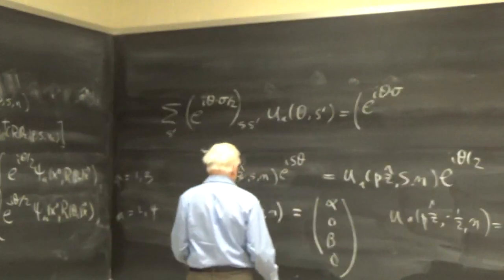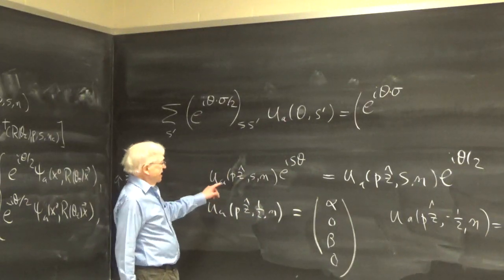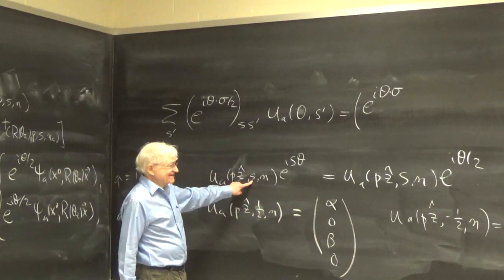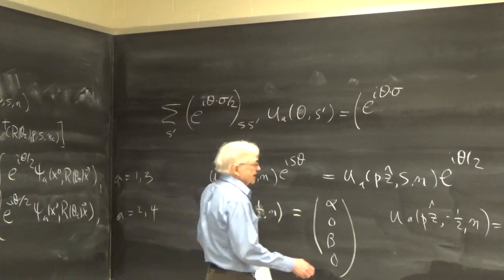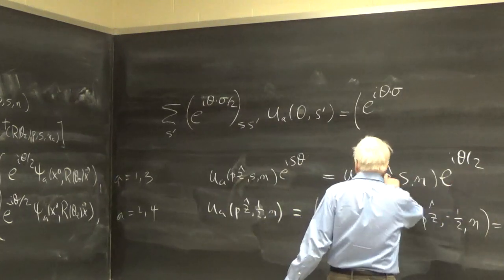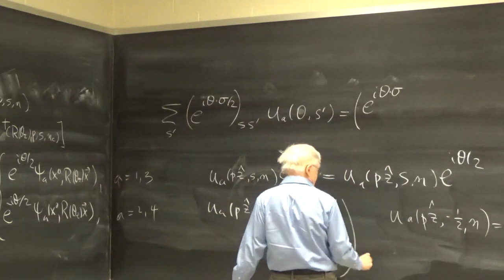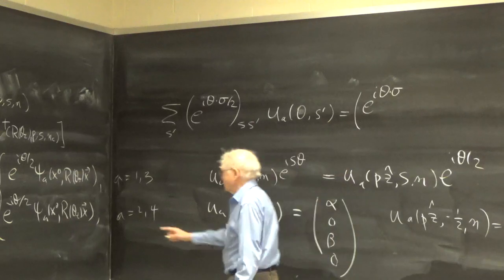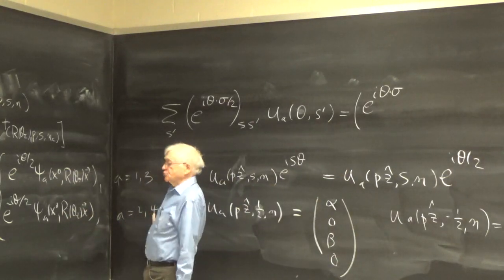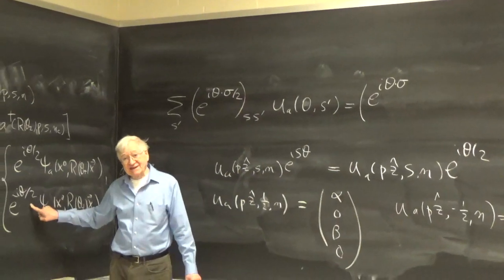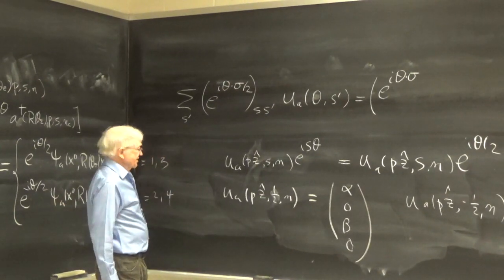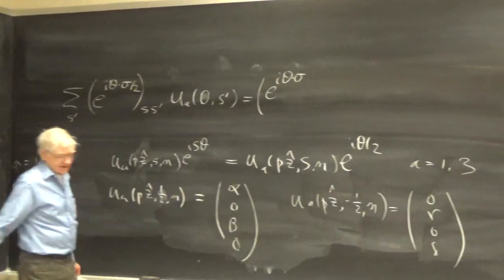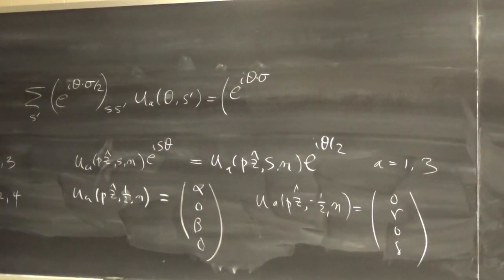And the deal here is, because if s is minus a half, we have a minus a half here, but this equation, in other words, the other equation is, that for a equal to 2 or 4, you get e to the minus i theta over 2. And so that tells us that this is the way the spinors have to be structured.